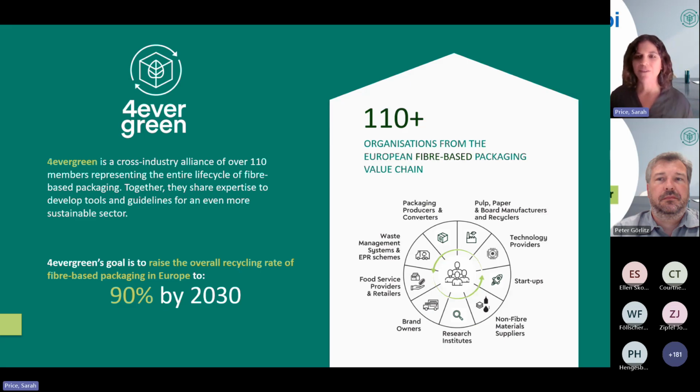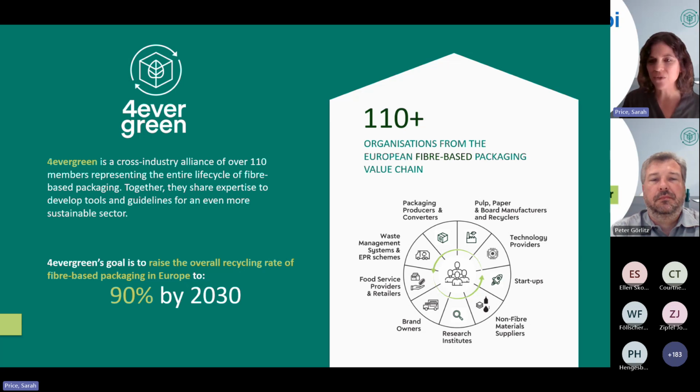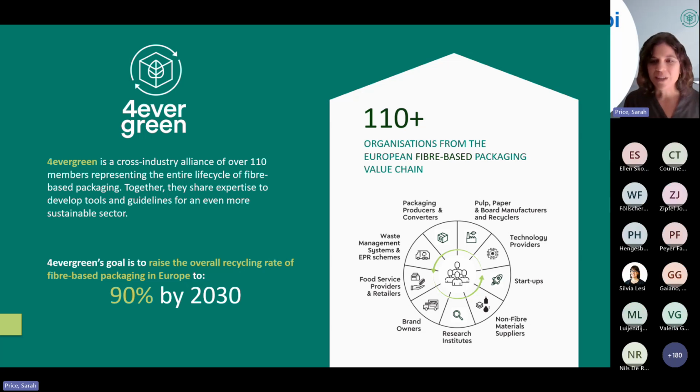So before we kick off the formal agenda, just to give a quick introduction to 4evergreen. For those of you that are new to 4evergreen and maybe aren't so familiar, we're a cross-industry alliance from across the European fiber-based packaging value chain. There's currently over 110 members within the 4evergreen Alliance, and these members are mostly companies and research institutes that represent different parts of the fiber-based packaging value chain.